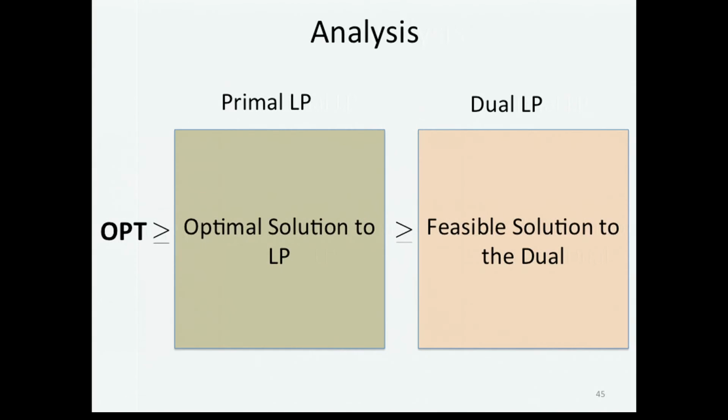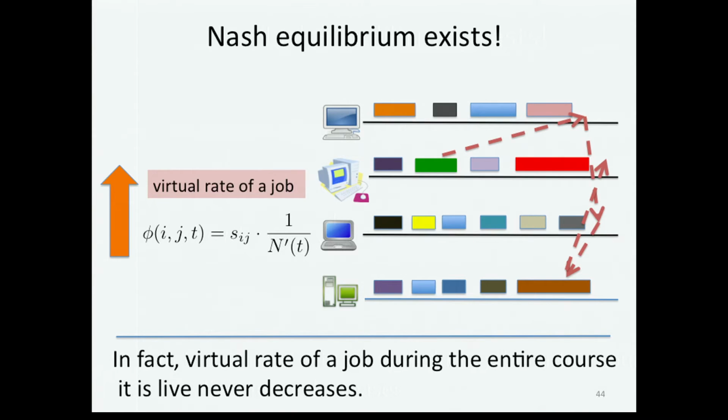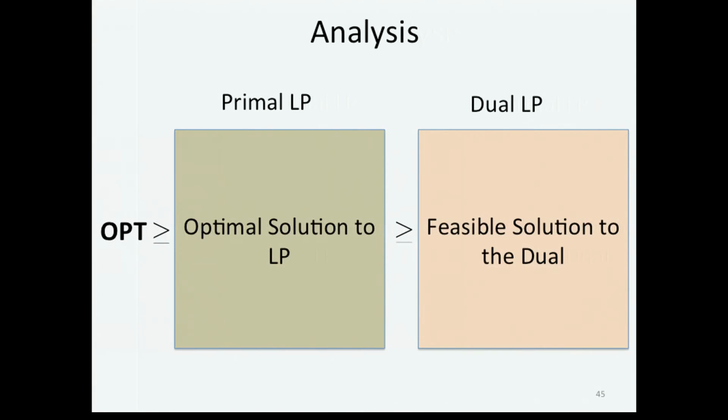All right, so basically we proved that the Nash equilibrium exists, and in particular we need this for the analysis. In the rest of the time I will give you the proof of how these algorithms are analyzed. There were two components to the scheduling algorithm.